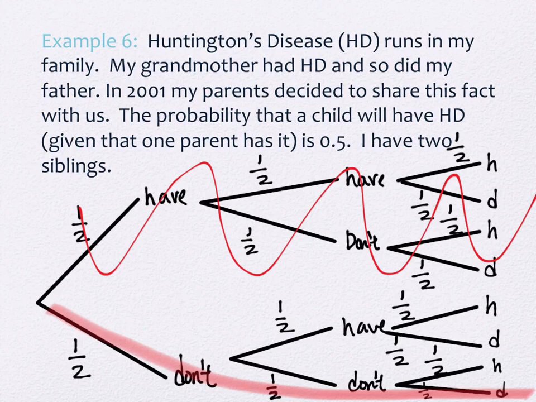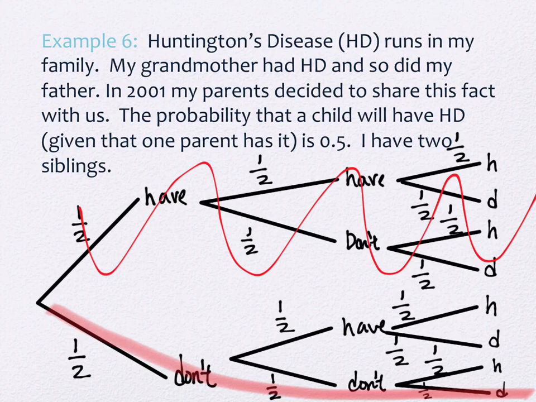It'd be a 1. Because I've been tested, there is a 100% chance that I do not have it based on that genetic testing, and a 0% chance that I do. Which means this diagram collapses, because it's a 100% chance, right? A 1 probability. So this is the diagram that still remains.